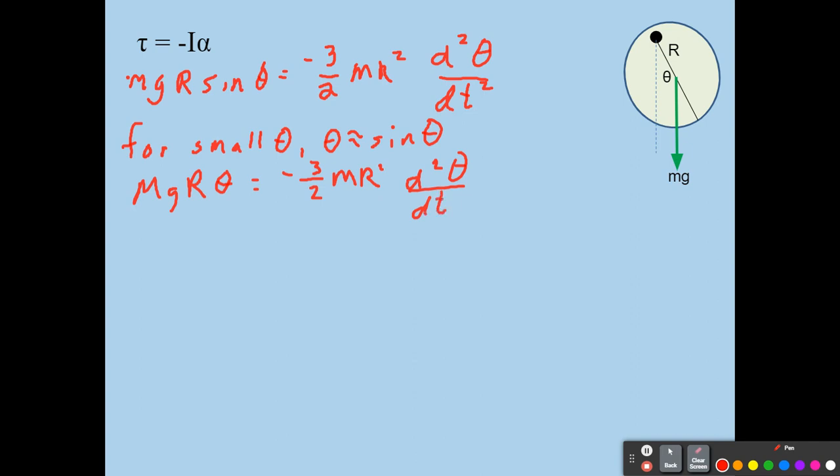So now we need to put it in the good form. So we're going to rearrange it so that the second derivative of theta with respect to time is all by itself, and we're adding instead of subtracting. We're setting it equal to 0. So we're going to have second derivative of theta with respect to time plus, if we rearrange all that stuff, we're going to end up with 2g over 3r.